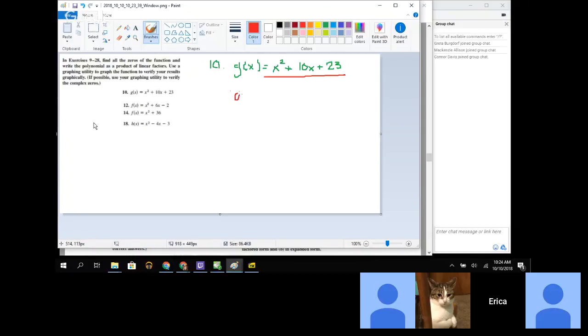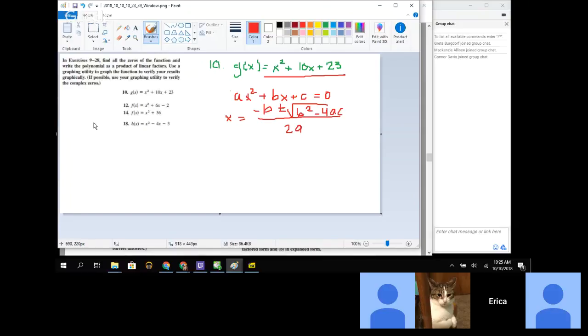We have ax squared plus bx plus c, and if that equals 0, then x equals minus b plus or minus the square root of b squared minus 4ac, all over 2a.